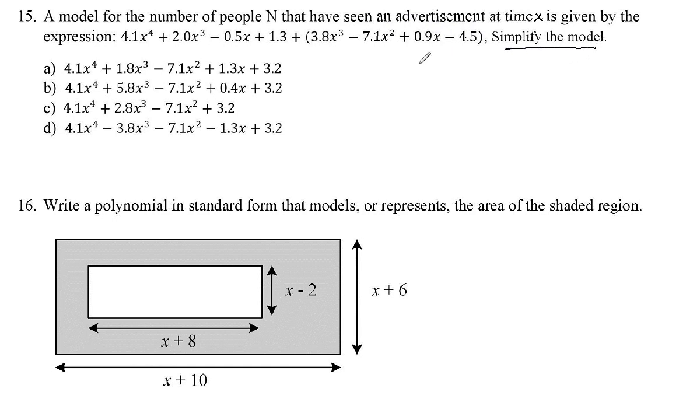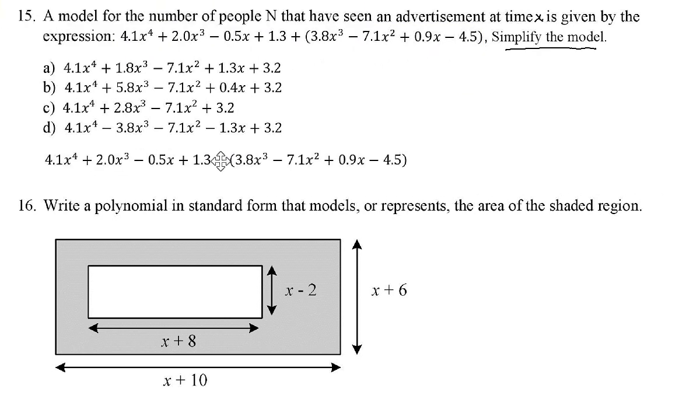So what they want you to do here is combine your like terms and add those two polynomials. So we've got an x to the 4th term here, nothing over there. Okay, so if we simplify this, let me go ahead and bring this guy down. We will have a 4.1 x to the 4th, x cubed term here, and an x cubed term there.